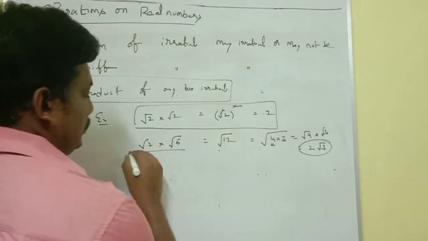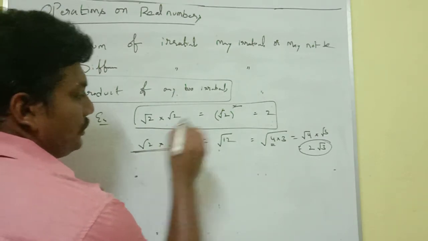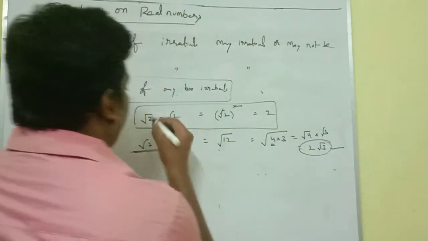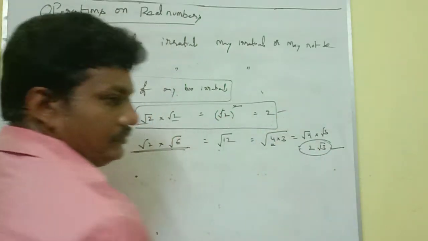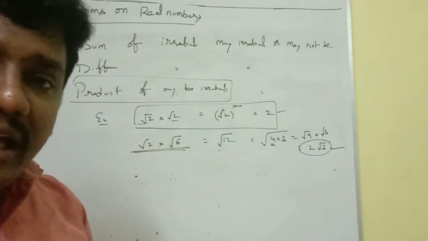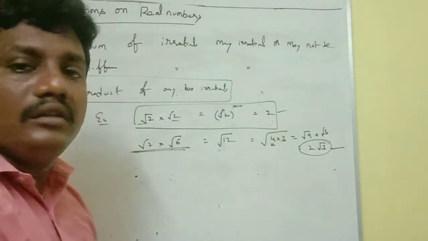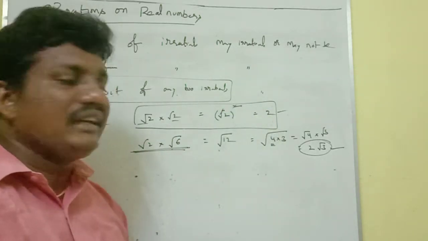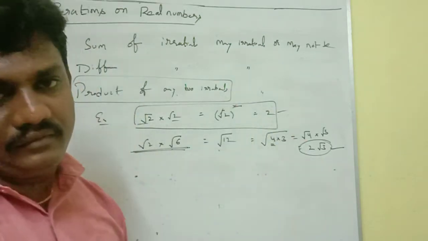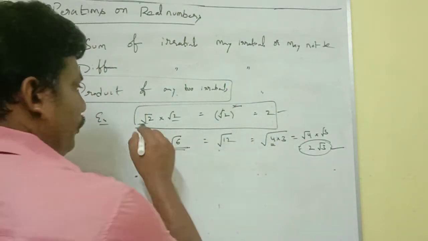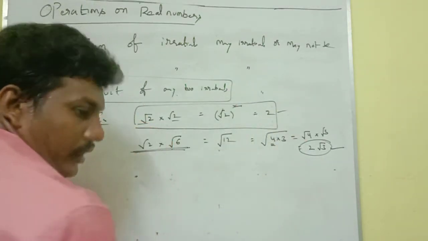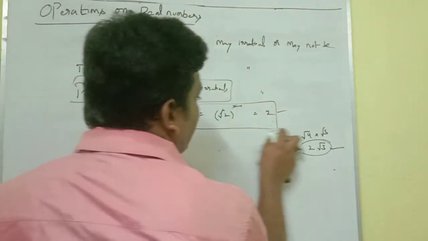In this case, root 2 into root 6 is irrational, while root 2 into root 2 is rational. It means that sometimes the product of two irrationals is rational, and sometimes the product of two irrationals is irrational. Now we are going to consider the case where the product of two irrationals is rational.